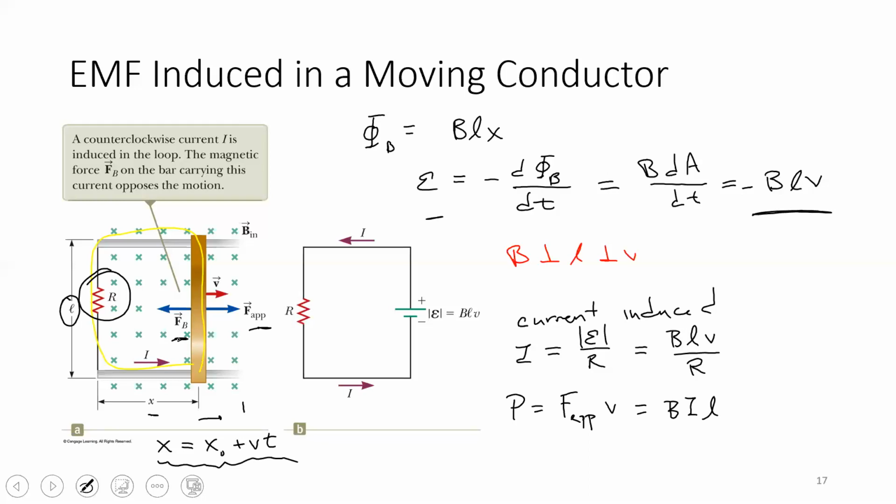So the power that we have to supply to get this thing moving looks like B squared L squared V squared over R. And that's just from me inserting this solution for what our current was. If we look at that a little harder, I've got my EMF squared over R, which is just one of our power equations that we have already used.